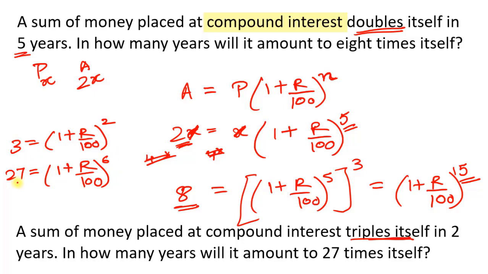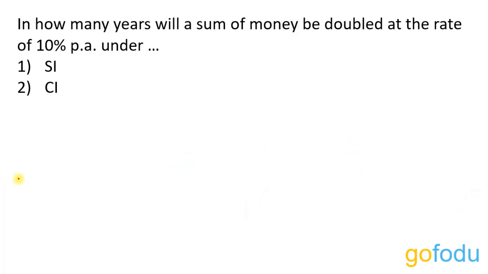One last question for this video. In how many years will a sum of money be doubled at the rate of 10% per annum? Let's solve it for SI first. Money is doubling. That means if principal is X, simple interest would be X and amount would be 2X. Then only money will get doubled.